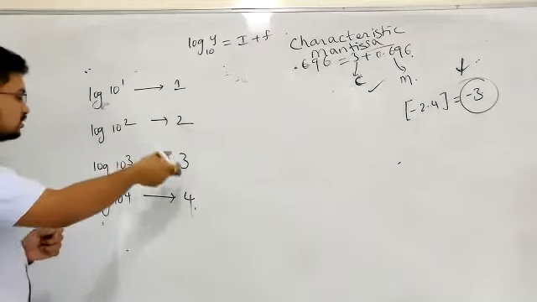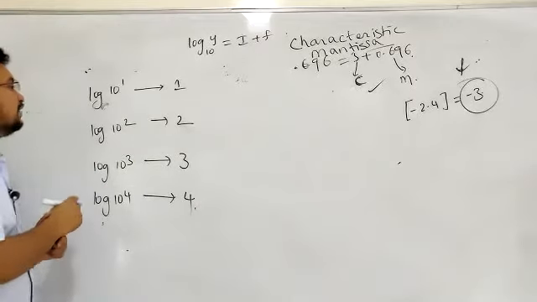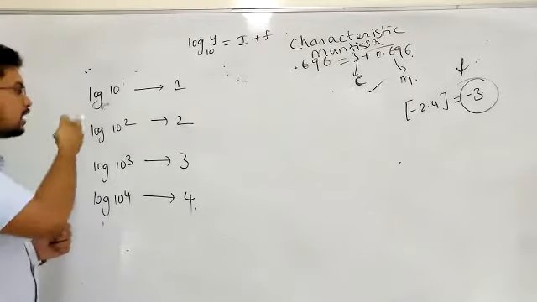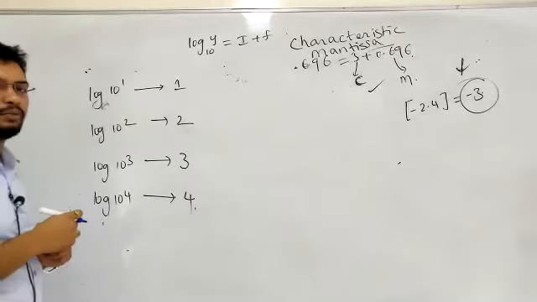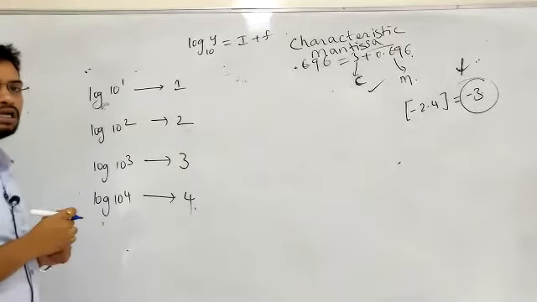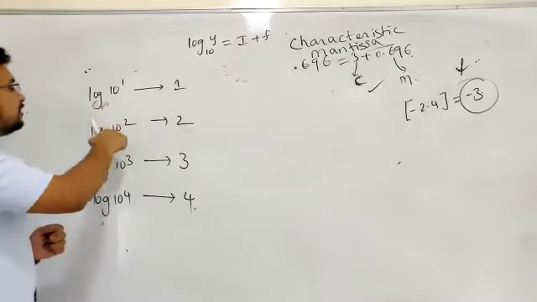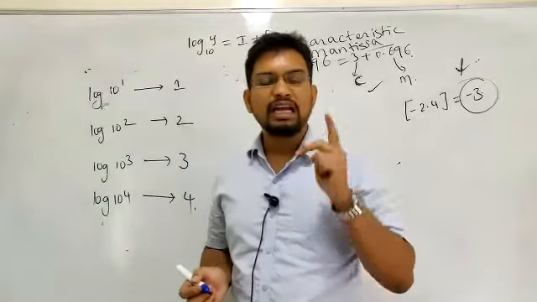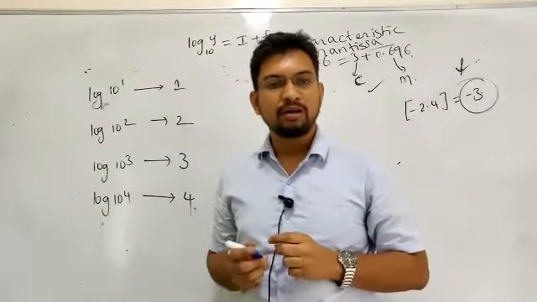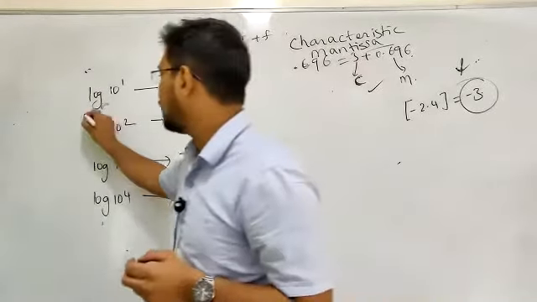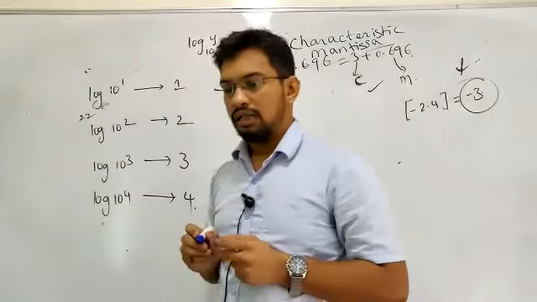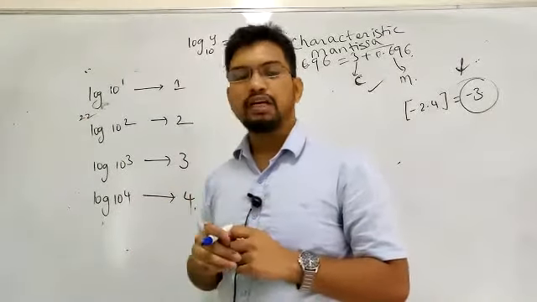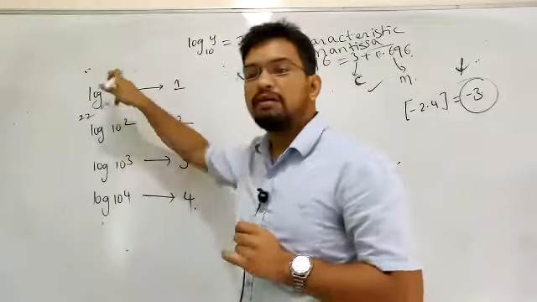Now, if I take a two-digit number, it lies somewhere between 10 power 1 and 10 power 2. For example, if I take 22, listen carefully, that 22 lies between 10 power 1 and 10 power 2.